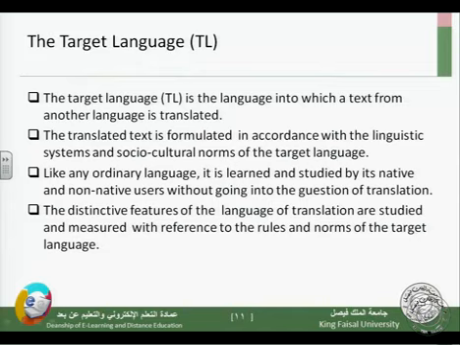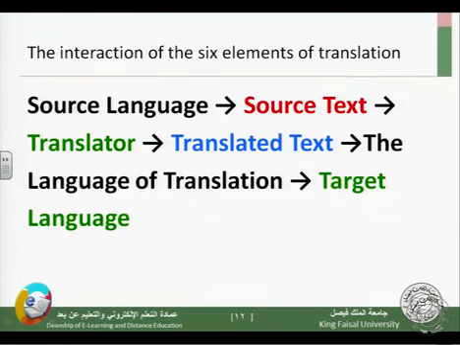Now, before I finish off this lecture, we need to see how these elements interact and how they work together. Now, look at this colorful slide. Please understand that they don't stand on their own. They really interact.